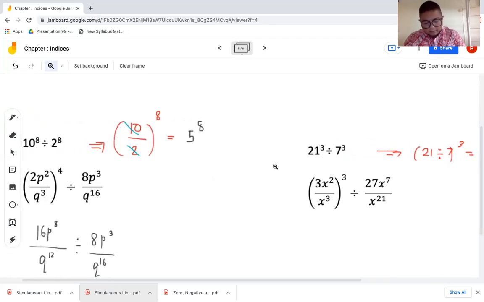The same procedure is what you are going to apply for the second question. So you're going to rewrite this as 3 raised to 3, or we can say 3 raised to 3 is 27. This is x raised to the 6th power, and this one will remain as x raised to the 9th power. Okay. So divided by 27 x raised to the 7th power over x raised to the 21.